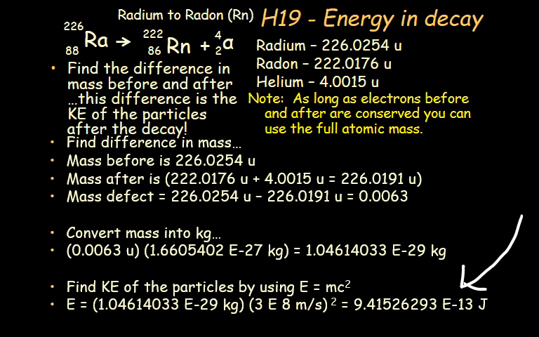So in other words, you have that radium just sitting there. When it alpha decays, the radon and the alpha particle have this much energy as they split apart, and they're moving. They have a kinetic energy. That mass that's lost is turned into energy, and the particles move apart.